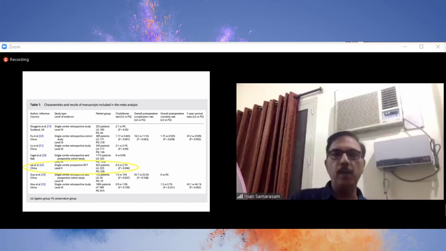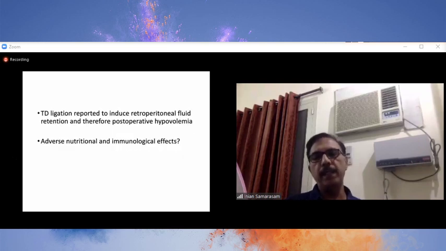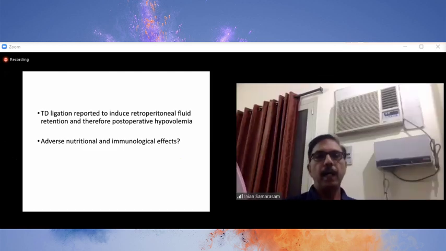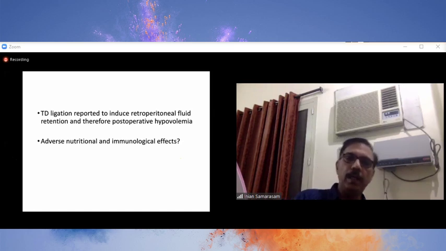So basically, if you routinely ligate these ducts, obviously the incidence of post-operative leak is going to be lesser for your patients.